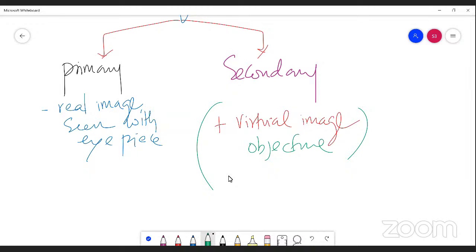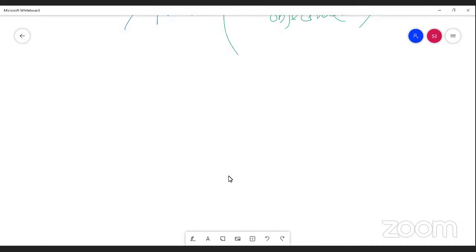Simply, an image seen with our naked eye by using the eyepiece is primary, whereas in secondary magnification a virtual image is seen at the objective lens, in inverted condition. So please understand, there are two types of magnification: primary and secondary.